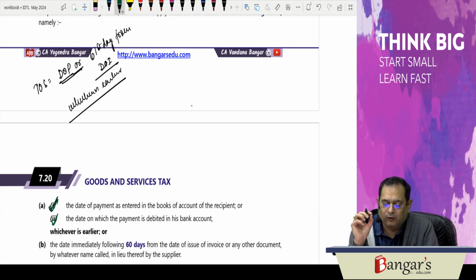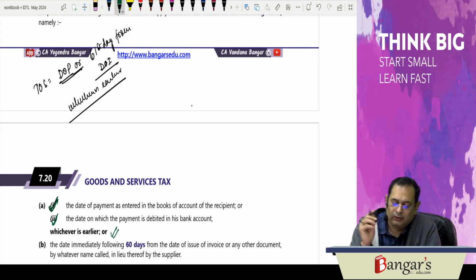The date of payment as entered in the books of accounts of the recipient, or the date on which payment is debited in his bank account, whichever is earlier.